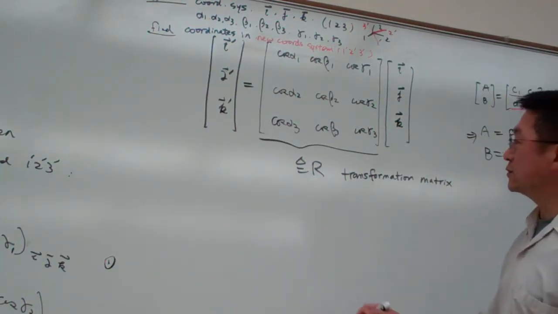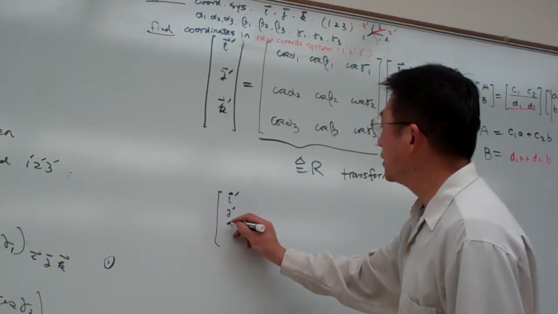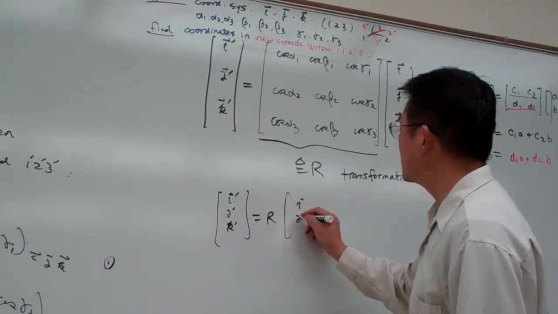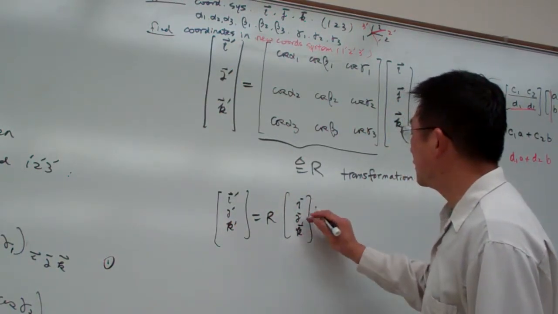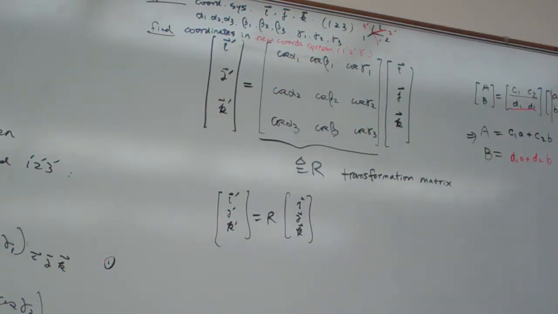Sometimes we simply write it as I prime, J prime, K prime equal to R times I, J, K, the vectors.